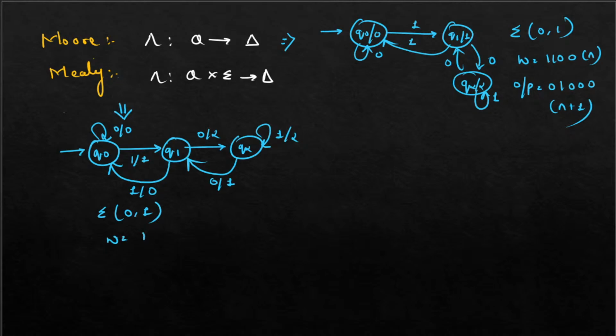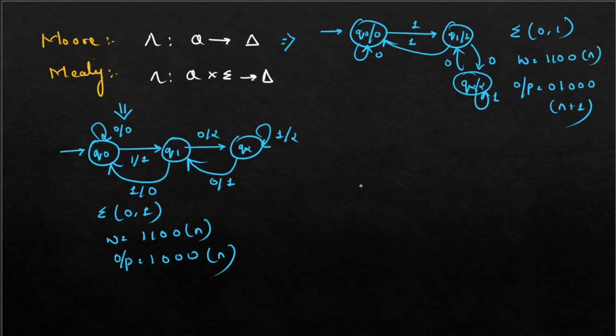W is equal to 1100 of length n, and the output is 1000 of length n. These two machines are interconvertible, which means they can be converted into each other.